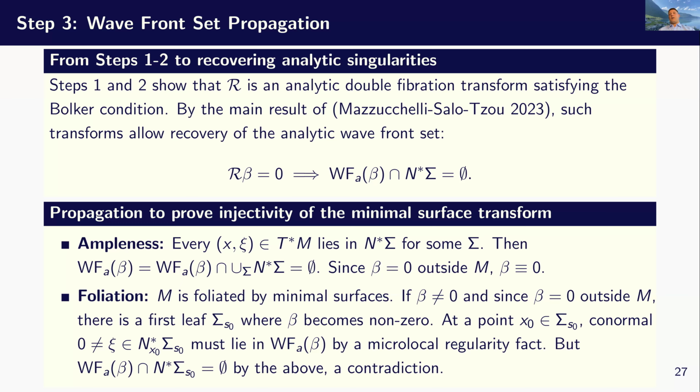So this uses a microlocal regularity fact. It's a little bit non-trivial, but it's true. So what this means is that we have this (x, xi), which is now in the intersection of the analytic wavefront set of beta and the conormal bundle. But by Mazzucchelli, Salo, and Tzou, this intersection must be empty. But now we saw that there is such an (x, xi), so it must be that beta was actually 0 everywhere, because we had a contradiction.